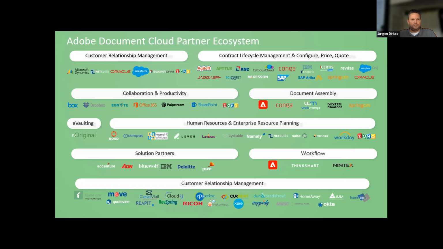From a CRM system, or from document assembly, or from a workflow, we have solution partners as well. And of course, it's quite interesting to see how those people come back to Adobe and ask, can you help me, and can you build an API for my platform as well? So that's what we do. But of course, we have limited resources to speed up the process.